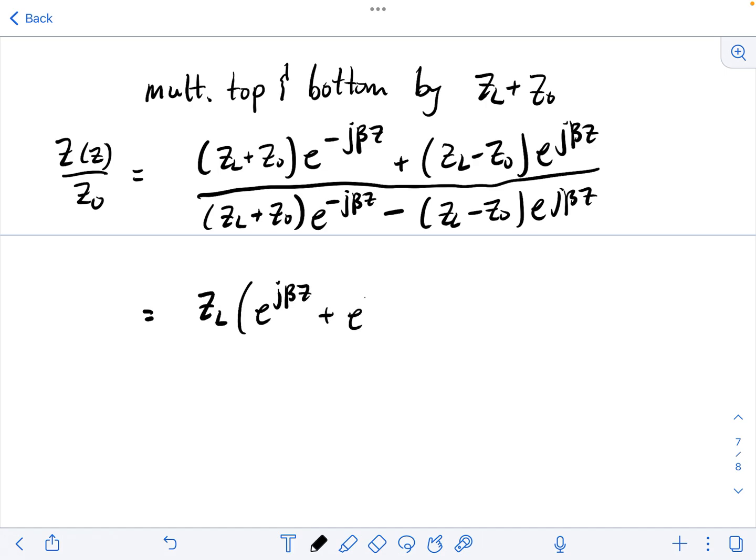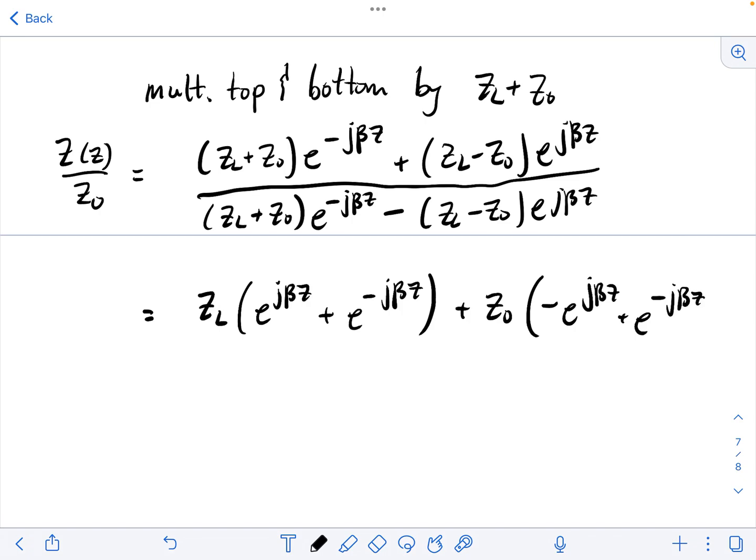And then for the Z naught, what do we have? We have a minus e to the plus j beta z, and then we have a plus e to the minus j beta z.